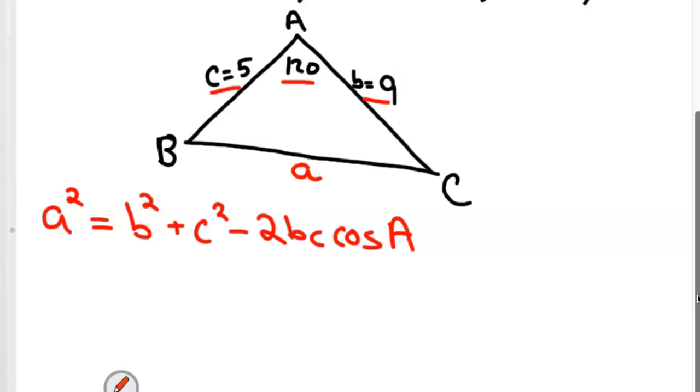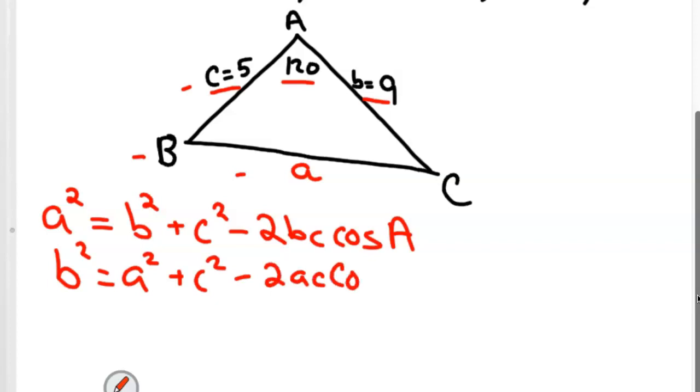Now, to get the rest of them, if your angle was B, then we'd need C and A for side, angle, side. So b squared would equal a squared plus c squared minus 2ac times the cosine of B.